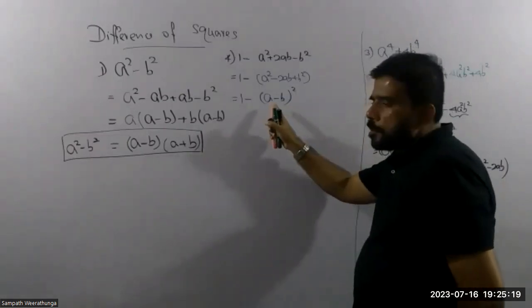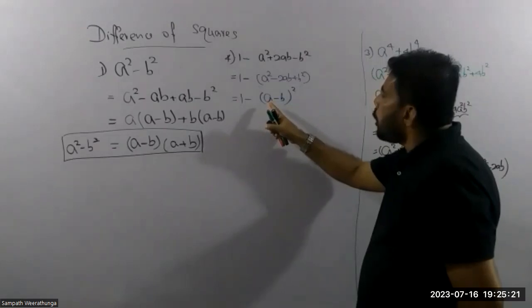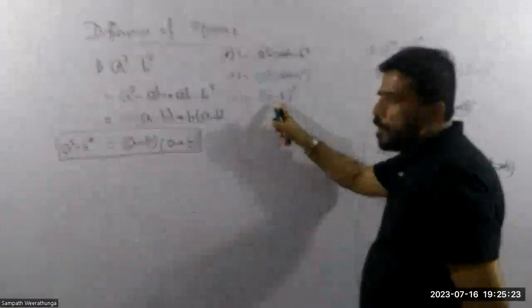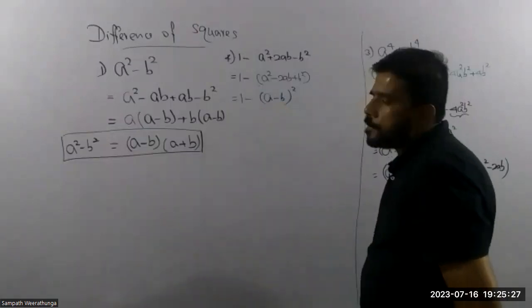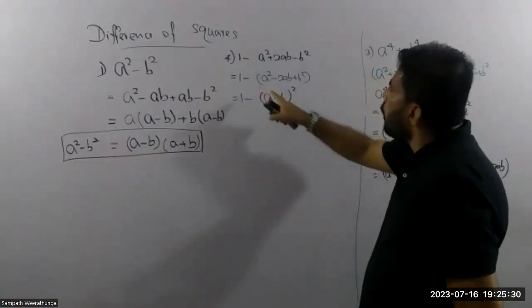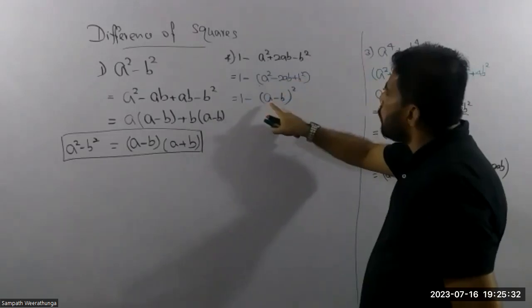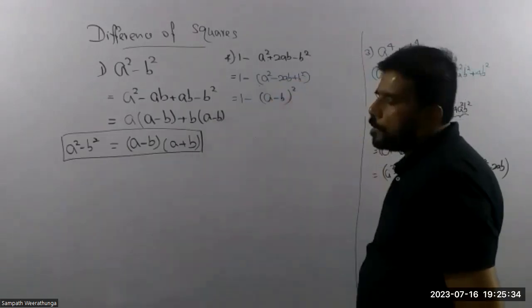It ends up with this square, and twice of this multiplication. Right here, see, a square, b square, and twice of this multiplication, minus 2ab.